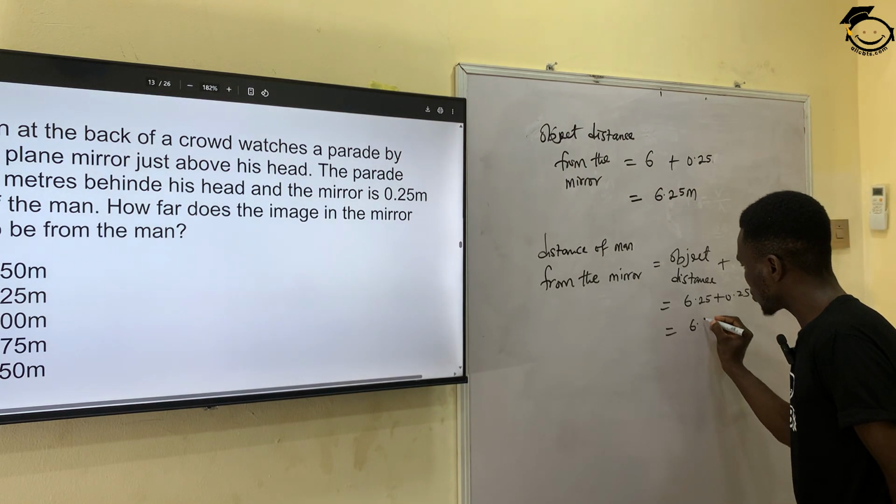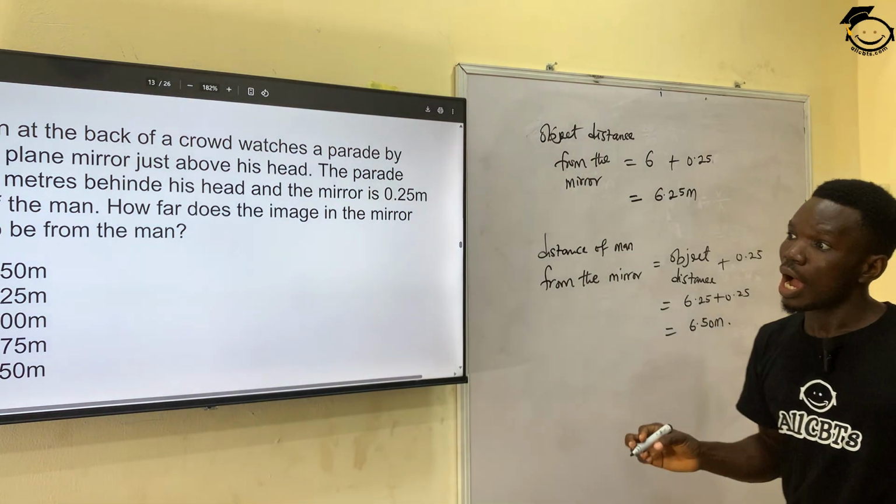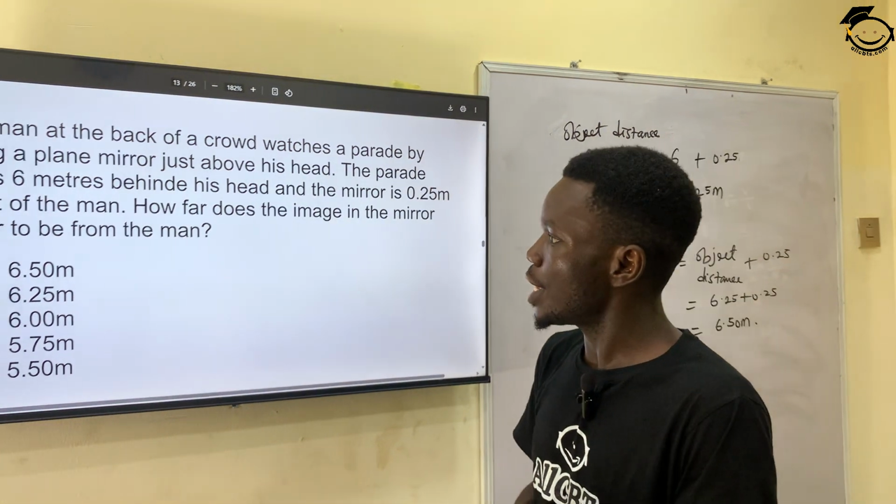This means that I have what? 6.5 meters. So our option there is option A.